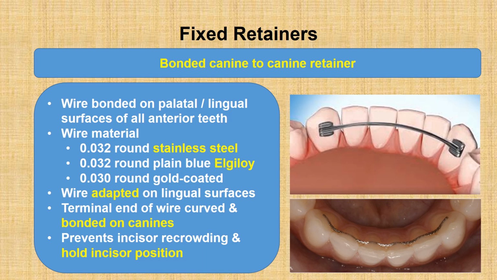If we look at these two diagrams, there is a slight variation. In the upper diagram, the retainer is only bonded on the canines and it merely contacts the other incisor teeth. But in this example, the retainer is bonded on all 6 tooth surfaces.